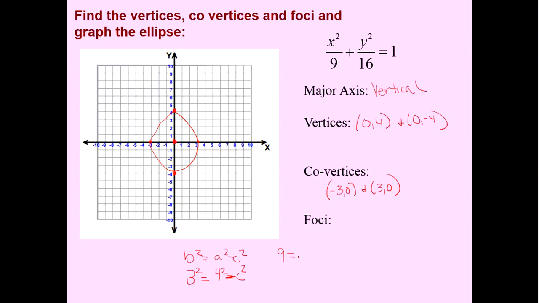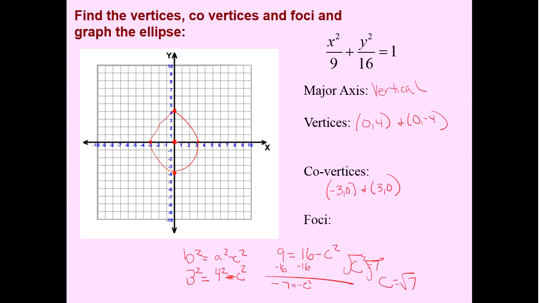So I got 9 equals 16 minus c squared. Subtract 16. I'm going to get negative 7, so c squared equals 7. Square root both sides. So I'm going to get c equals the square root of 7.